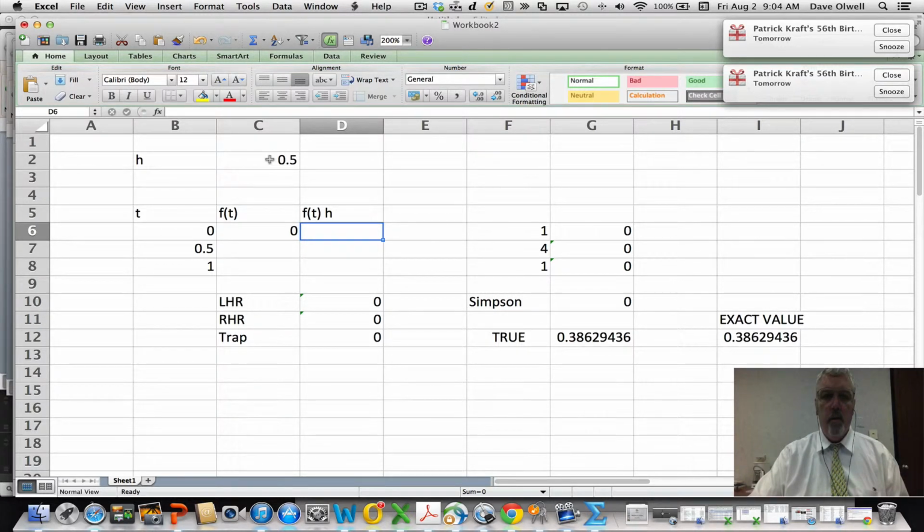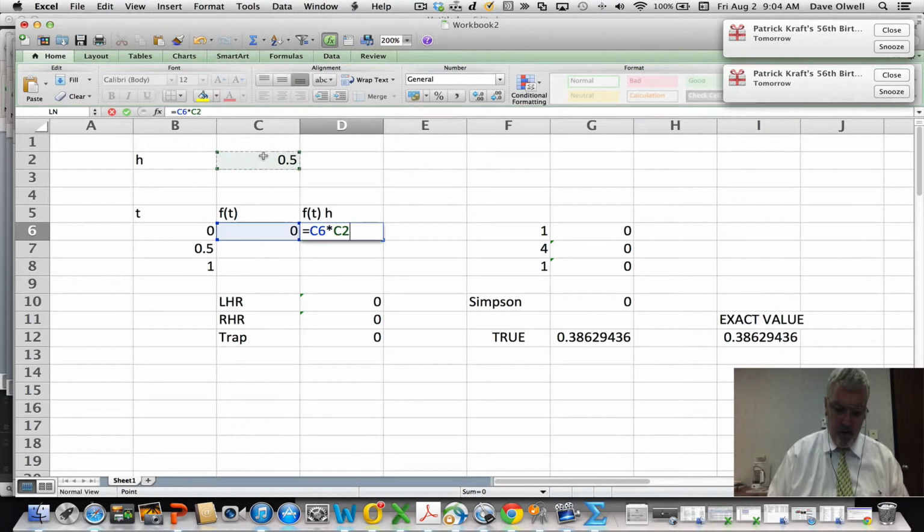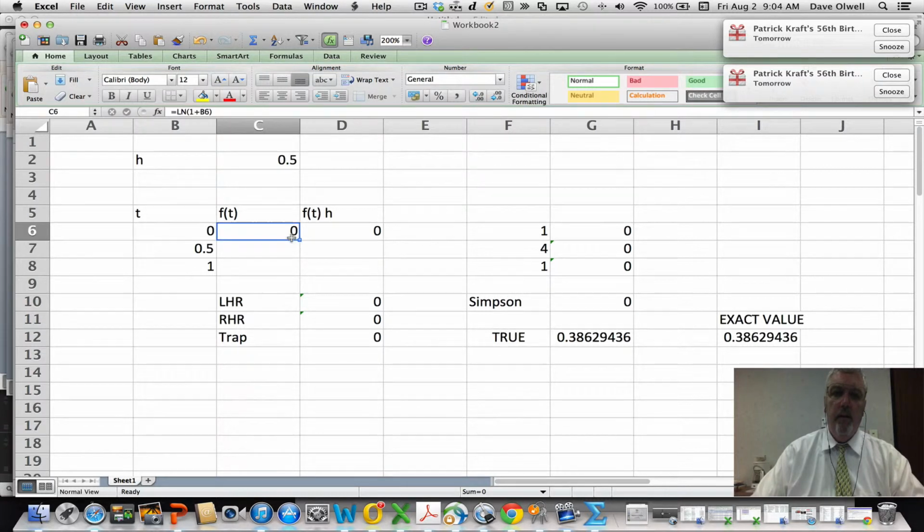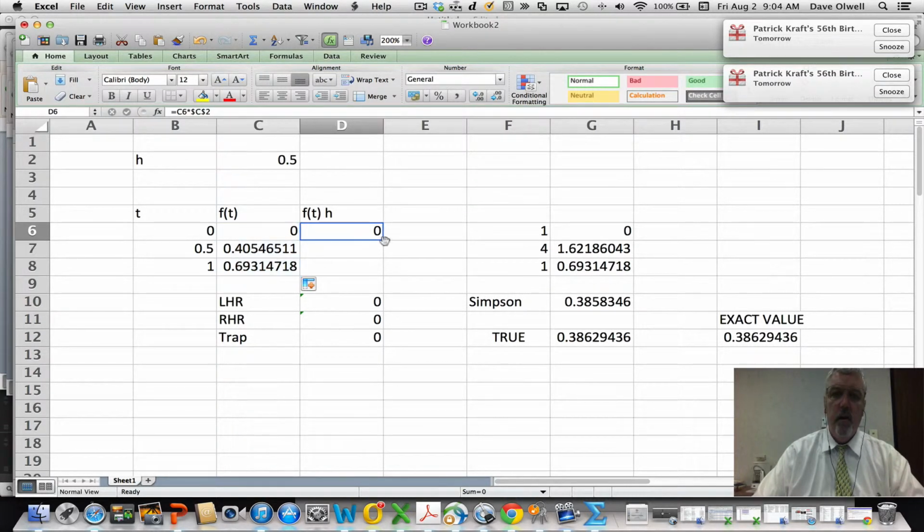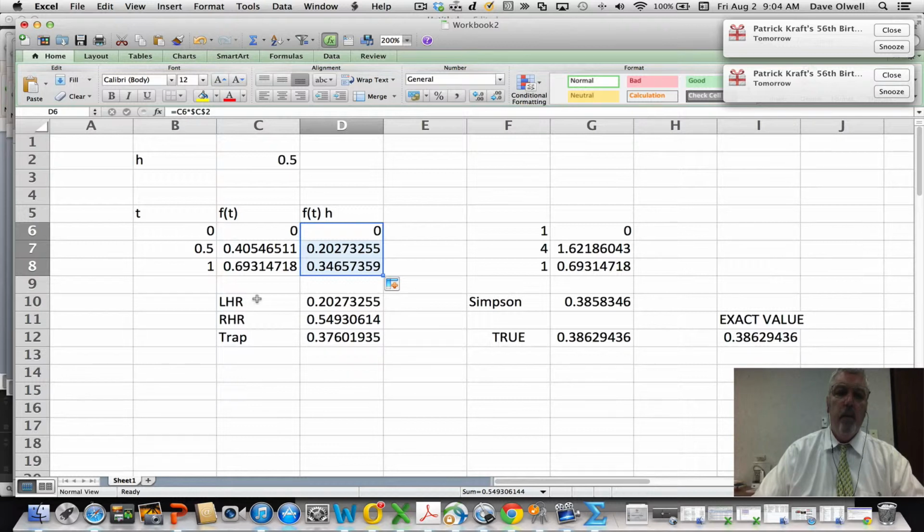For this one, the width is a half, so I'm going to say this is equal to this value times the height. I'll put the dollar signs in so I can copy and paste this, and that's good. And then if I copy these down, I get the various heights, and if I copy the rectangles down, I've got my choices. So the left-hand rule says that I add the first two rectangles.